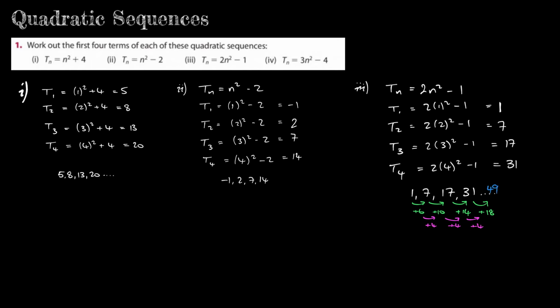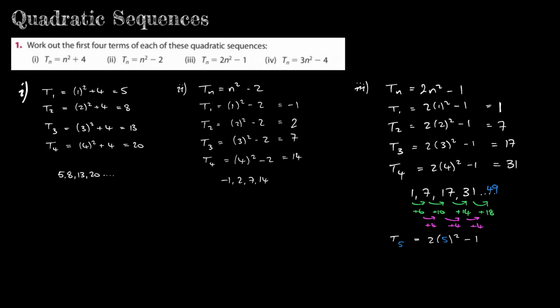And just to make sure we're correct, let's just test t of 5. So if I put 5 in, I get 2 times 5 all to be squared minus 1.